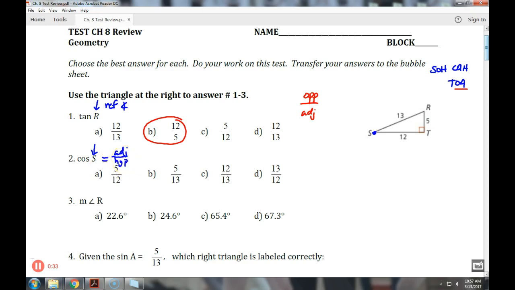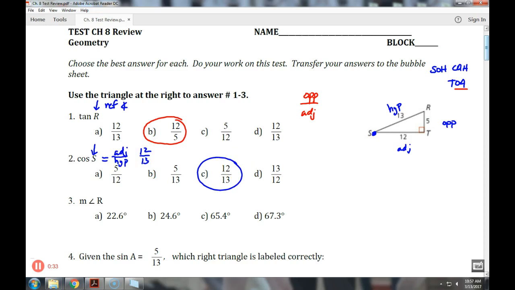To this angle, this would be opposite and this would be adjacent. I shouldn't have erased hypotenuse, because that never changes. It's always across from the 90, regardless of where you stand. So adjacent over hypotenuse is 12 over 13. So number 2 is C.